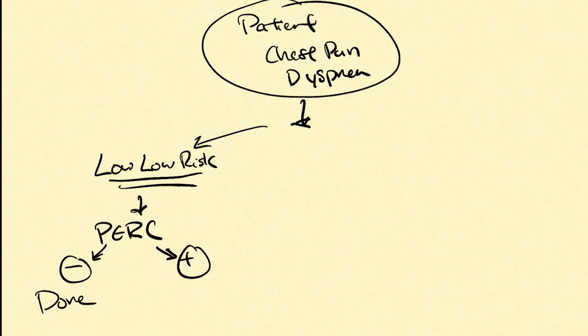It does not mean I definitively have to use another study. It just means I can't use this rule. I can't say, hey, I'm going to use the Kline 2008 data set to justify why I'm not doing additional testing. But if I truly think they are low risk and I don't want to get involved with the D-dimer, I might say they're done.